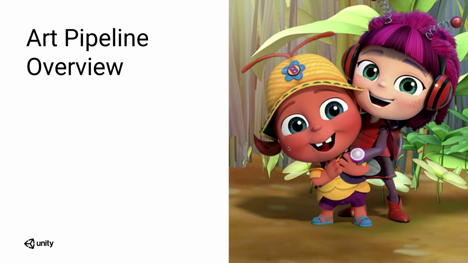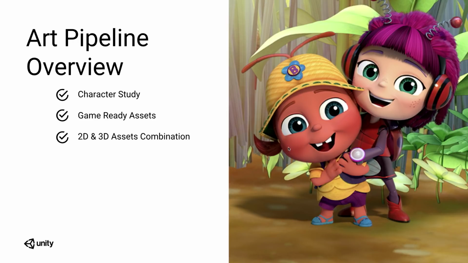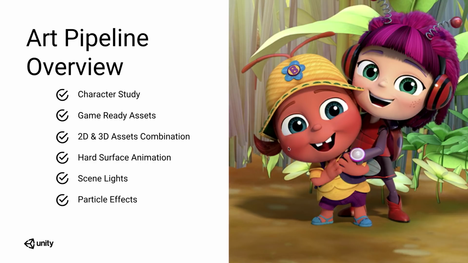And today I'll be talking about some of the challenges we encountered, which is the challenge in pre-production when we were studying the characters and issues we faced for game-ready assets, why we decided to use a combination of 2D and 3D assets, an overview of hard surface animation in Unity, and scene lighting with 2D images, a little overview of particle effects, and why Unity is a center hub for the teams working together.